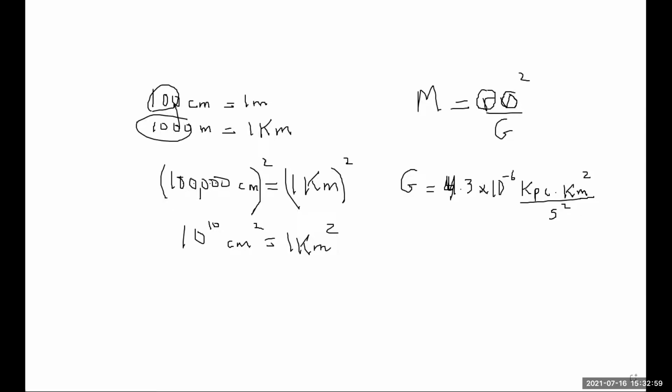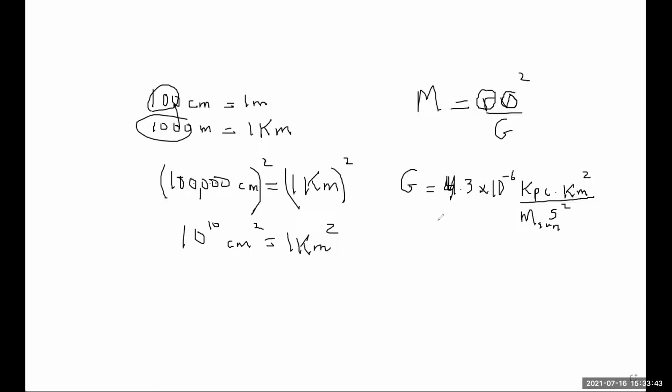The units of the G was kiloparsec times kilometer squared over mass of sun second squared. There you go.